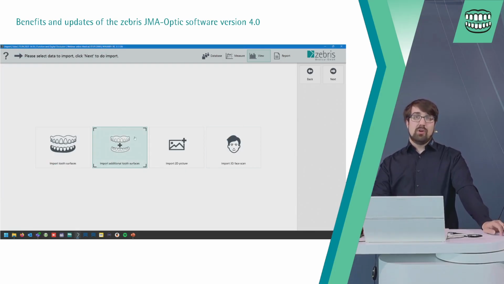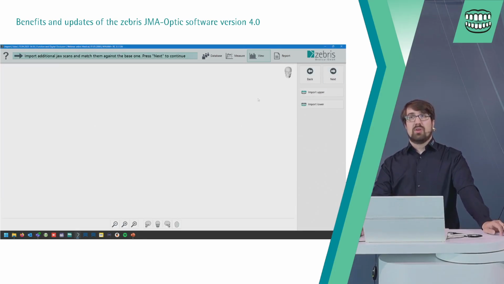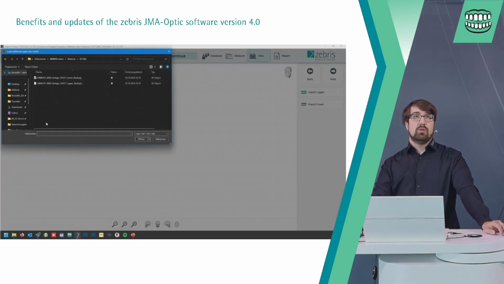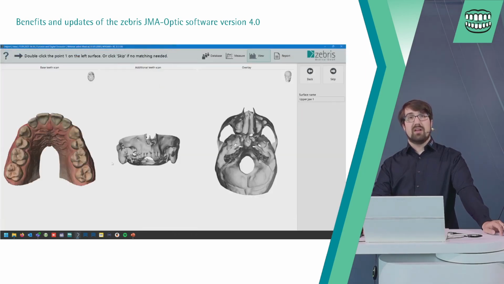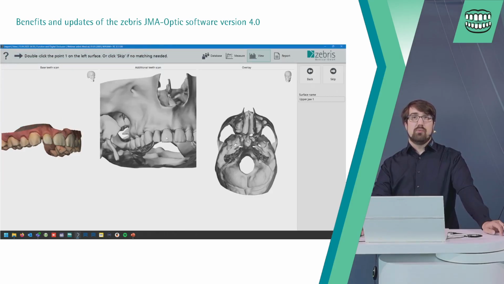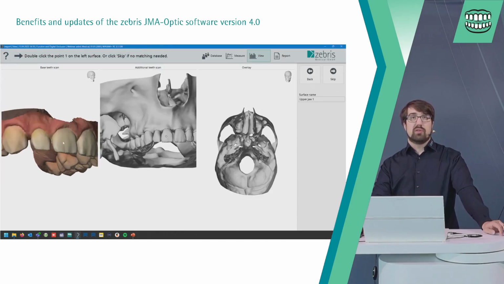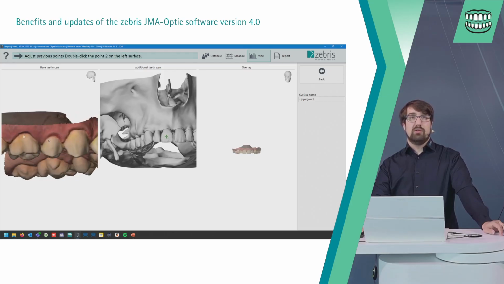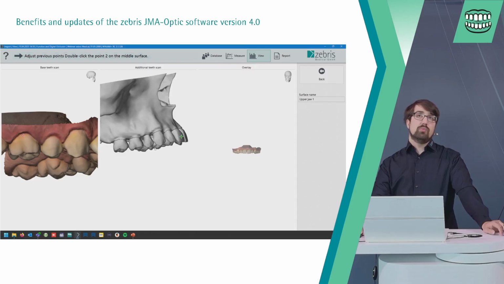When we click here, import additional scans, we can import a new upper jaw, and I have here, for example, my STL DICOM files, and these I can now match at first here with my I/O scans, and this could be DICOM files.